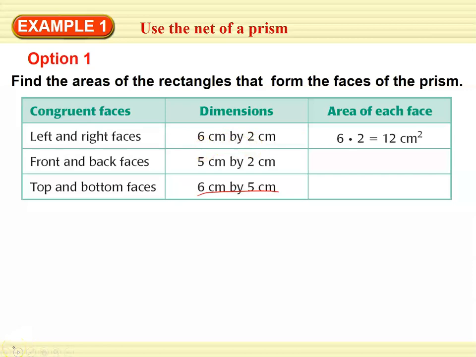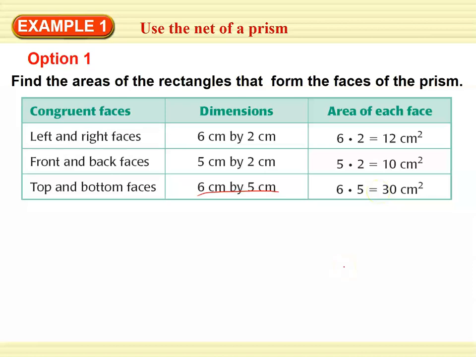The front and the back each have an area of 10 centimeters squared, or 5 times 2. And the top and the bottom each have an area of 30 centimeters squared, or 6 times 5.